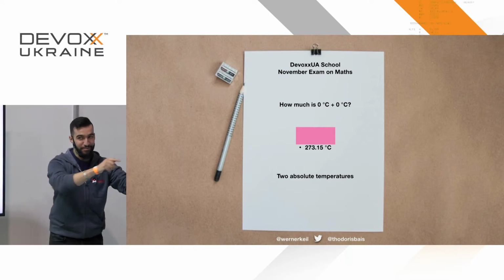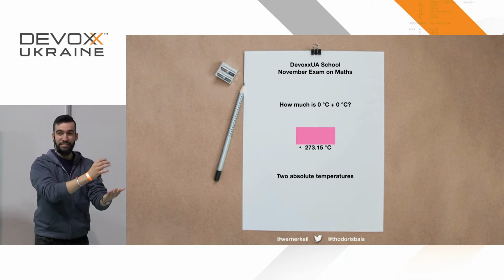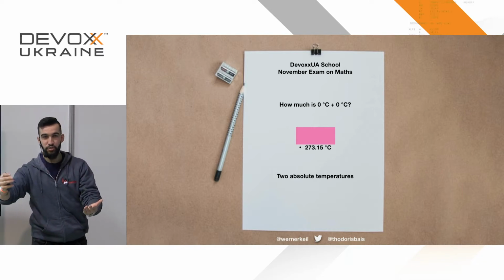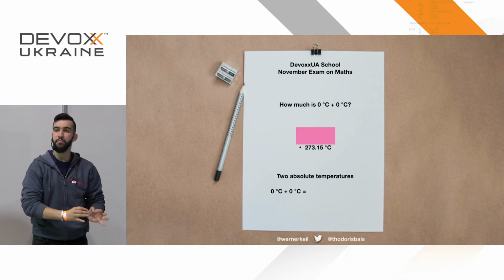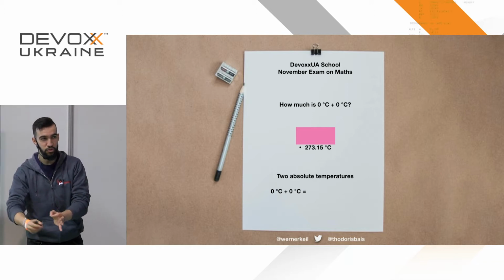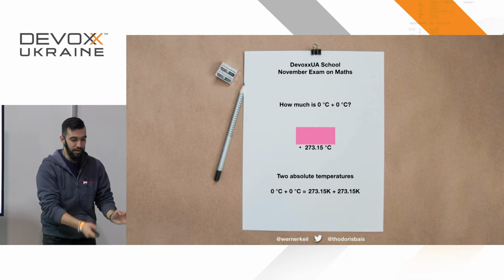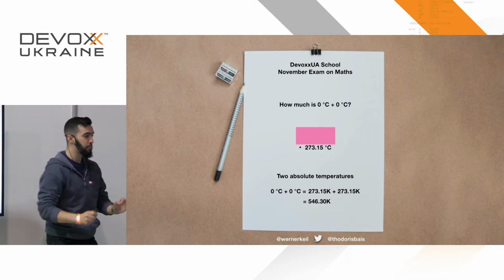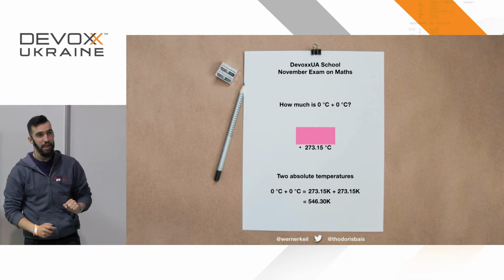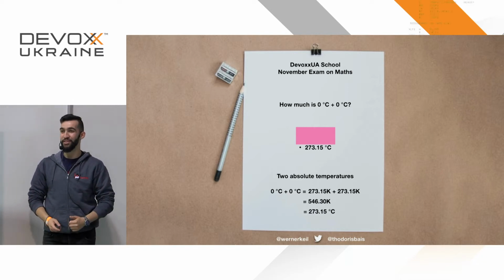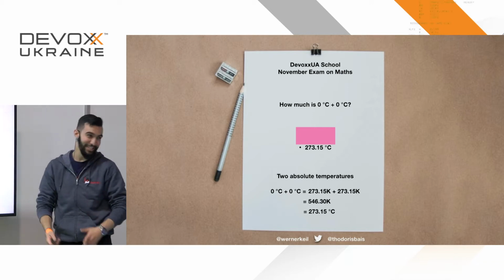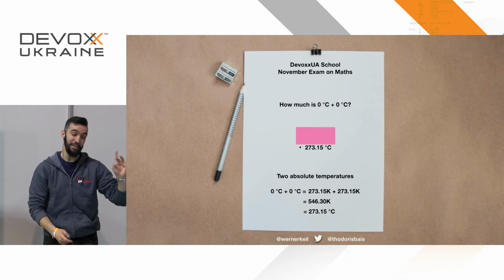So, 0 degrees Celsius for an absolute temperature means 273.15 Kelvin. So, the sum of 2 times 0 degrees Celsius would be nothing else other than 546.30 Kelvin, right? Which, of course, is equal to 273.15 degrees Celsius. That is one, right?